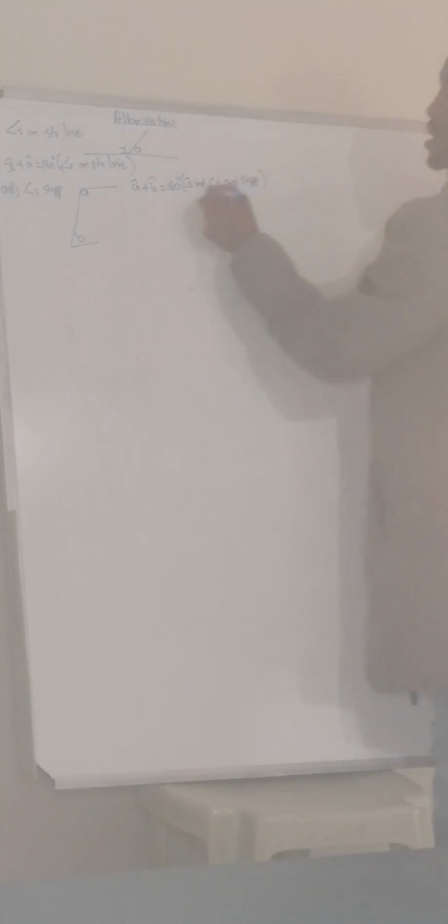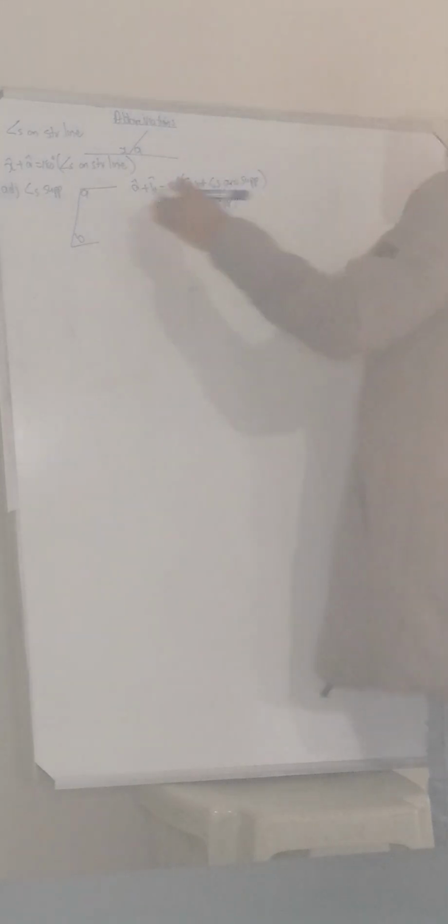You can just say adjacent angles are supplementary. But in this case, it might be a little bit confusing because of the co-interior, but that's fine. The abbreviated way you state the reason, that's all we are dealing with, not necessarily the diagrams that are being drawn.